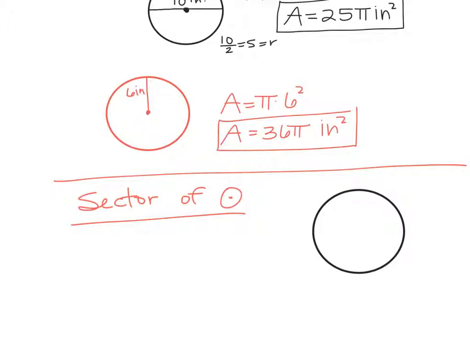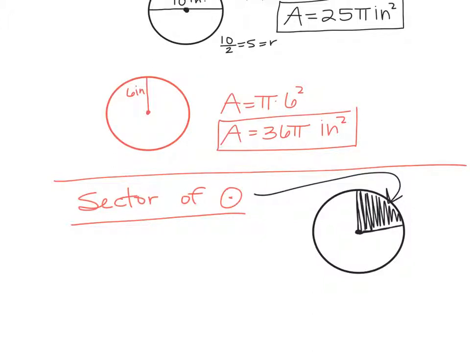So if we consider this to be a pie, and I draw in a central angle, this right here is called a sector of the circle. So think of it like a piece of pie. That is your sector. What we're going to do is find the area of that.